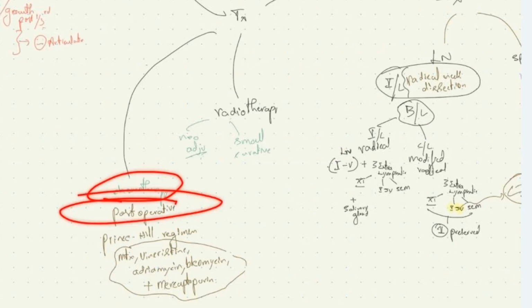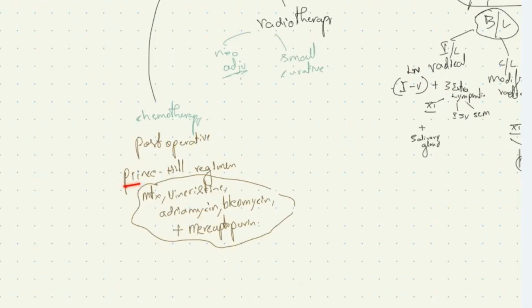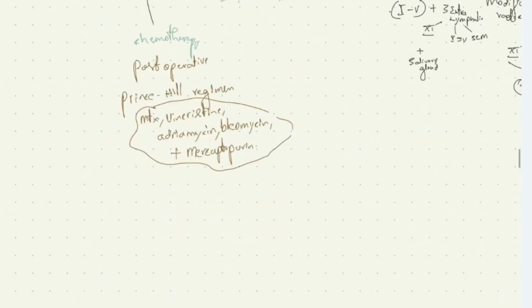We have Prince Hill regimen, where we give methotrexate, vincristine, adriamycin, and bleomycin, along with mercaptopurine. Chemotherapeutic agents, if we observe, for carcinoma of buccal mucosa, we give methotrexate, adriamycin, bleomycin, vincristine, along with cisplatin. Here we change cisplatin to mercaptopurine. That's it.